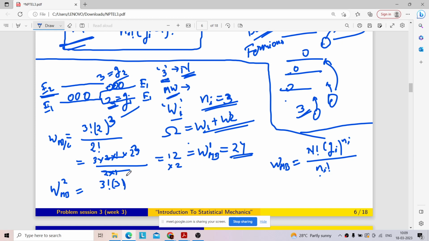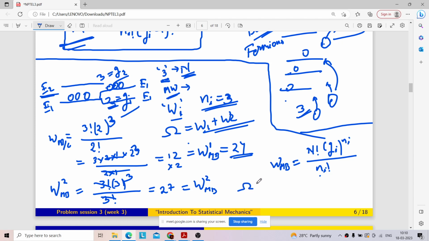Similarly for the second state, ni is 3. So 3 factorial multiplied by 3 to the power 3, then divided by ni factorial. ni is 3 for me now, so this is 3 factorial, so you can cancel it. Now what is this number? 27. Right. So this is W2 for Maxwell Boltzmann. So what will be the total number of microstates?